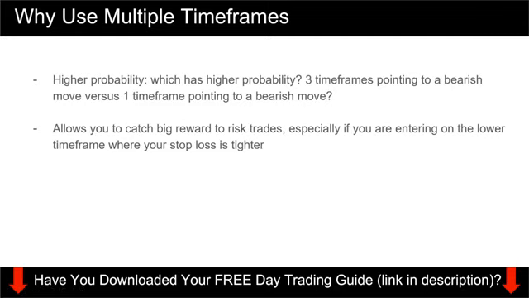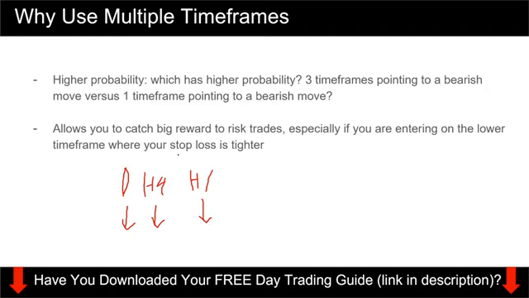So let's say you have the daily chart saying that it's bearish, you have the H4 chart saying that it's bearish, and you have the H1 chart saying that it's bearish. So something like this, you have the daily, you have the H4, and you have the H1. If this is bearish, and this is bearish, and this is bearish, where do you think price is likely to go? Which do you think is higher probability?